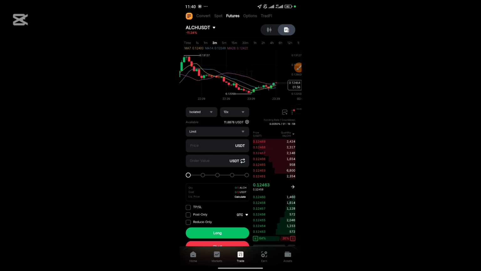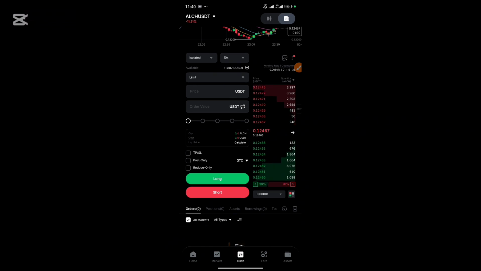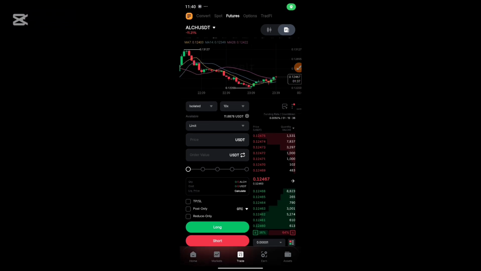That's why before you start trading futures, you must have gotten the necessary knowledge to apply your proper risk management, and knowledge to properly apply your leverage. Know the leverage that you are going to be using, this 5x leverage or 10x leverage. So that is futures for you.